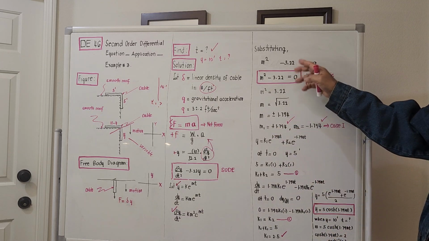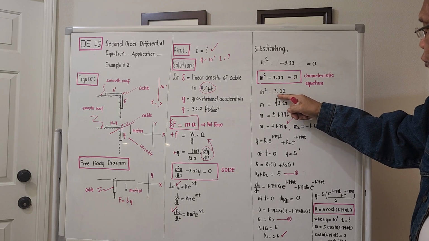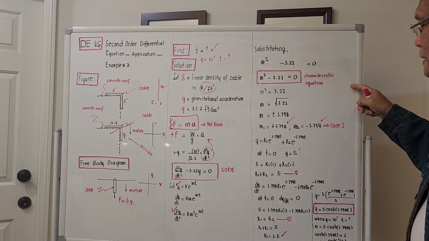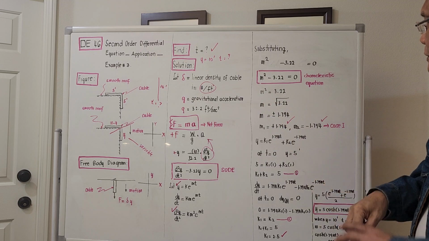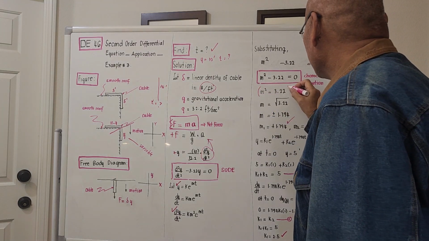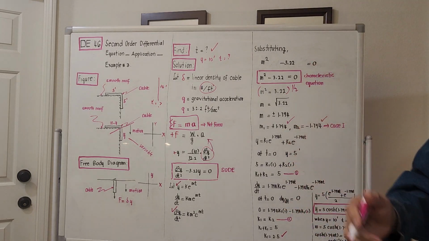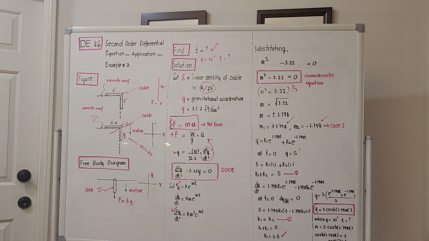So if we now compute for the roots, m squared will be equal to 3.22 after the transposition. M now will be equal to, if you take the square root of both sides, this is now the laws of exponents, an application of our knowledge of algebra.